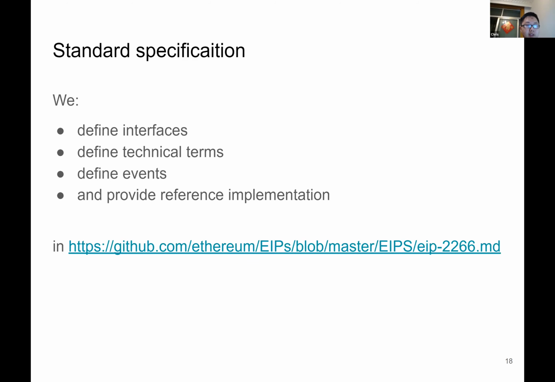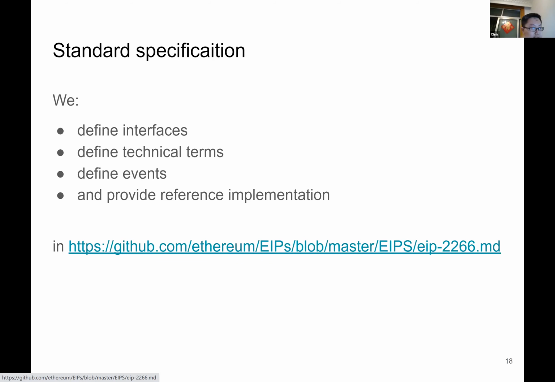We also define the event and provide a reference implementation at the link on the screen. You can find our implementation here. So this EIP aims at establishing a standard for the atomic swap protocol to mitigate the unfairness inside the original protocol.